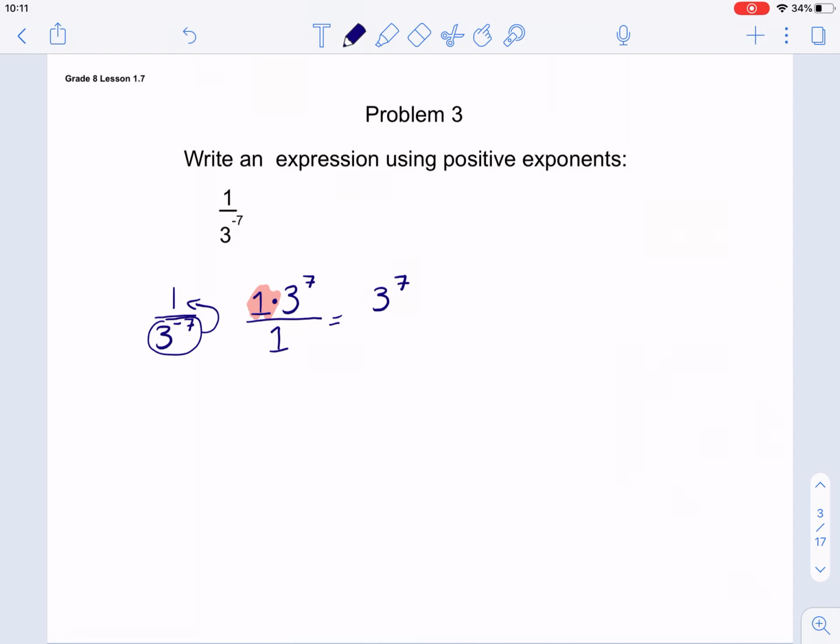So I just write it as 3 to the 7th power over 1. And anytime you have a fraction over 1, you can just get rid of the fraction. This could just become 3 to the 7th power. And again, I had to write this using positive exponents, so I just keep it as 3 to the 7th power. I do not need to change anything.